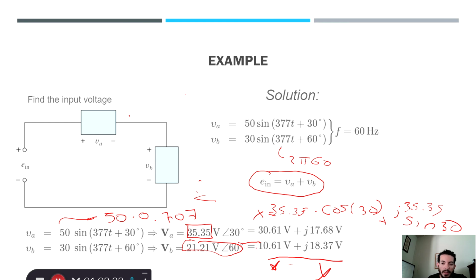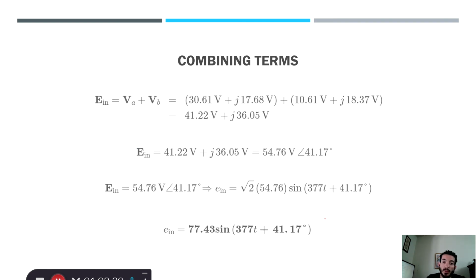So 30.61 plus 10.61 gives you the real part, and 1768 plus 1837 gives you the imaginary part. And those two things together give you 41.22 and 36.05.